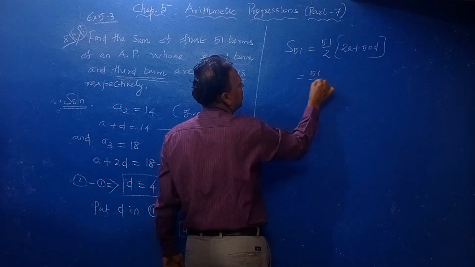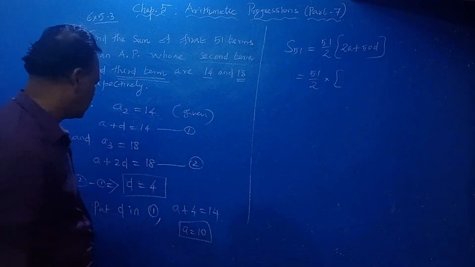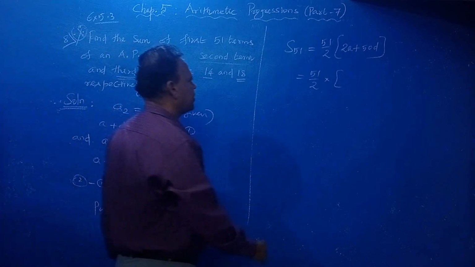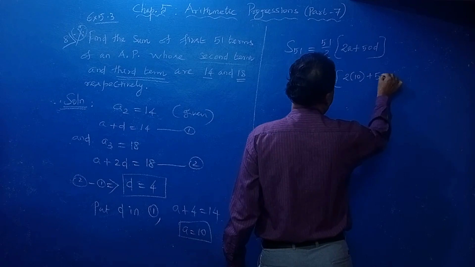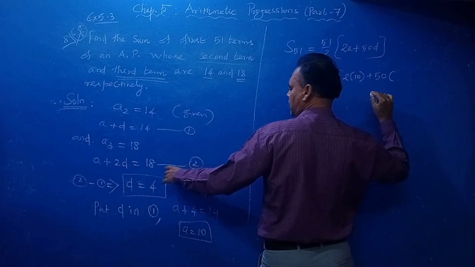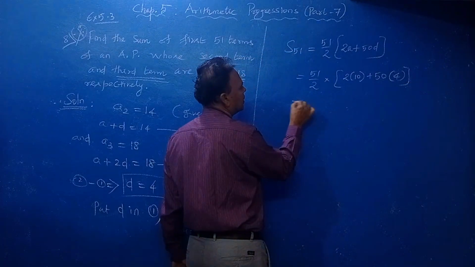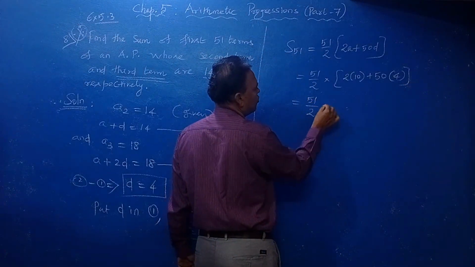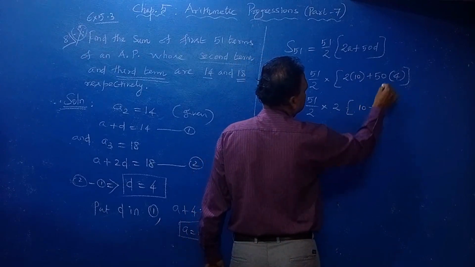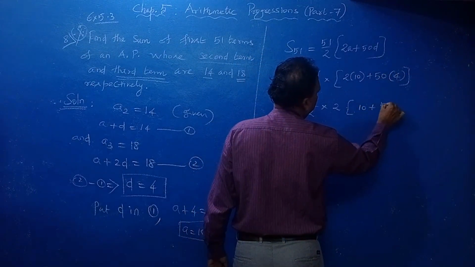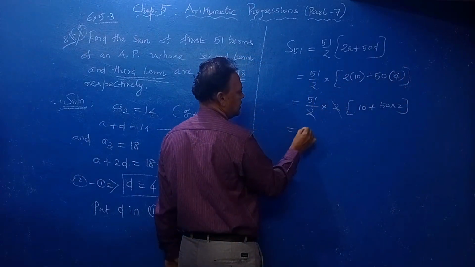So 51 by 2 into 2 into 10. Put the value 50. D is 4. So 51 by 2 into 2 you take common here.